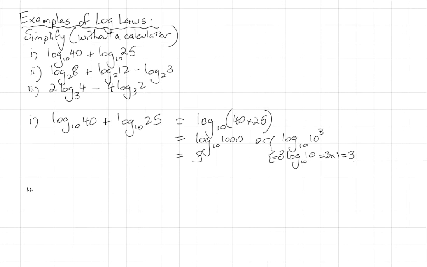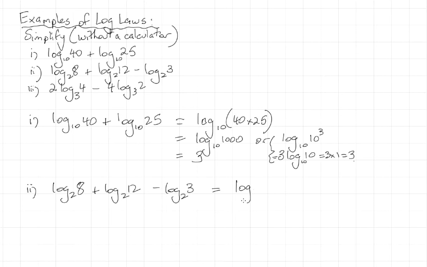Number 2, we've got the log of 8 to base 2 plus the log of 12 to base 2 minus the log of 3 to base 2. So here we've got a bit of adding of logs and subtracting. When we are adding, we're actually multiplying the numbers, and when we subtract, we are dividing the numbers.